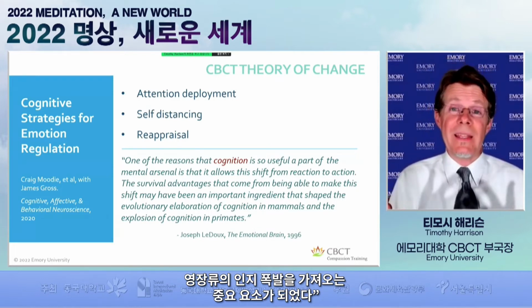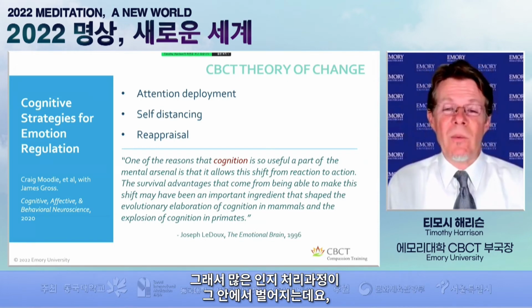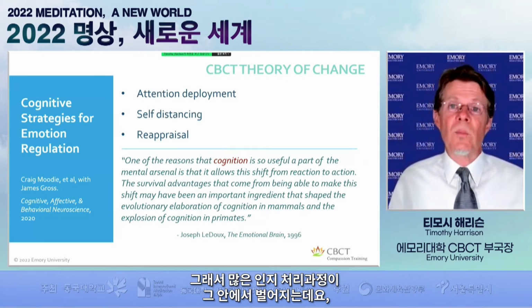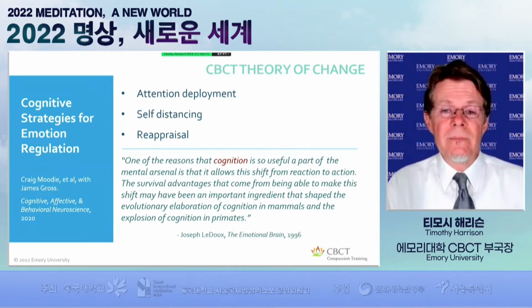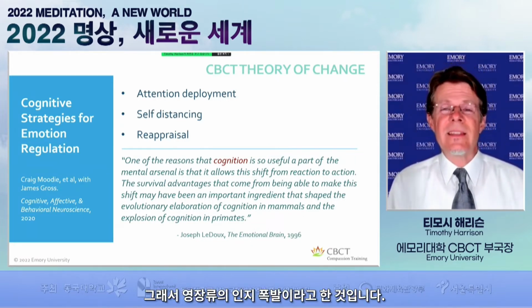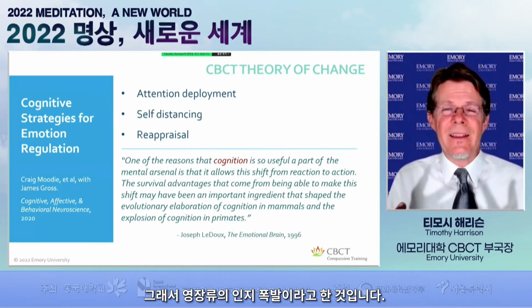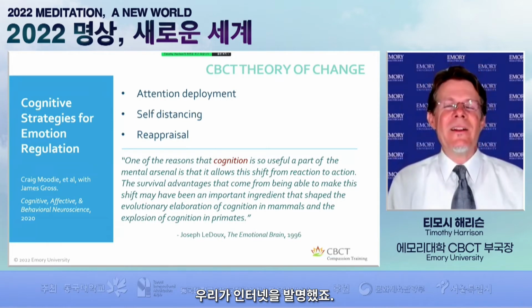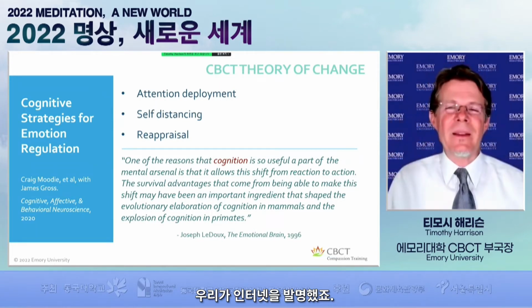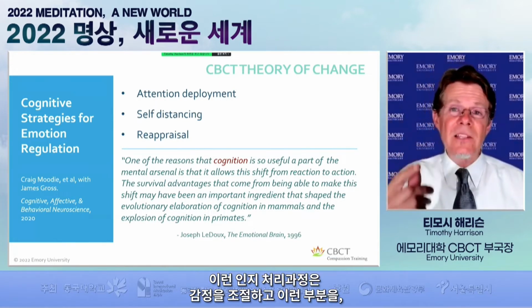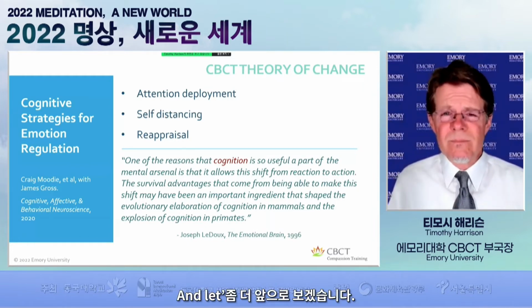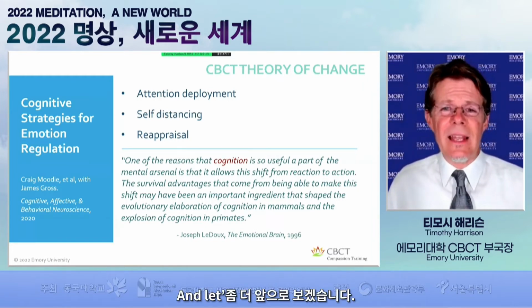So we're a primate, we have big brains, and we do a lot of cognitive processing that we don't find in the lower order primates and other animals. And Ledoux's insight is this isn't just to create tools or to invent the internet and invent Zoom, but originally, these cognitive processes were about regulating emotion. Let's dive into that now.